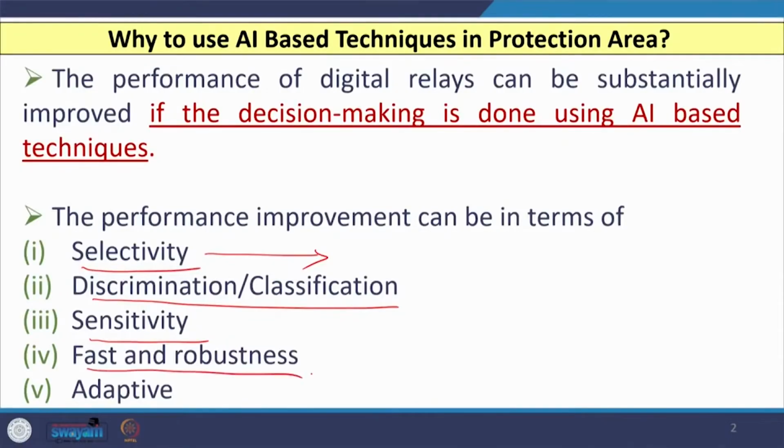The response becomes faster compared to the conventional techniques, and if we wish to incorporate an adaptive feature, then we can easily incorporate it. Whenever external system conditions change, whatever changes are required in the settings of the relay can be done adaptively if we use AI based technique for decision making in digital relays.